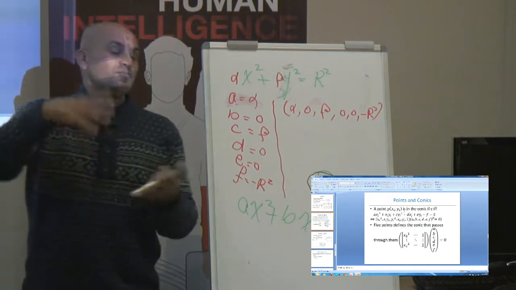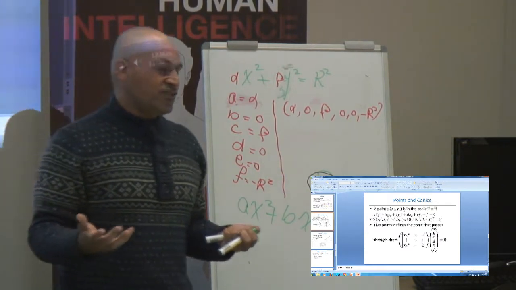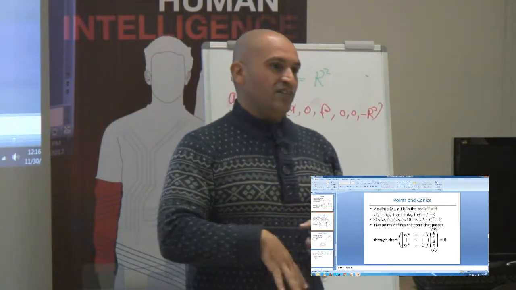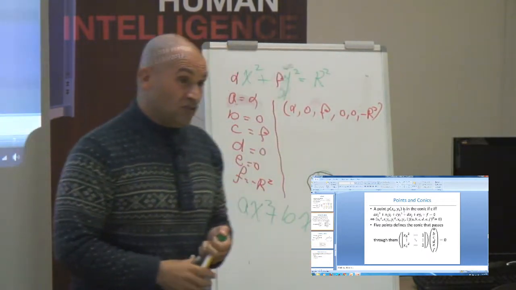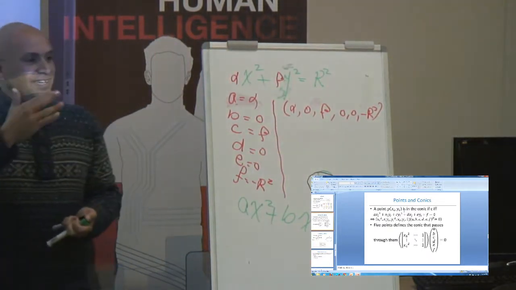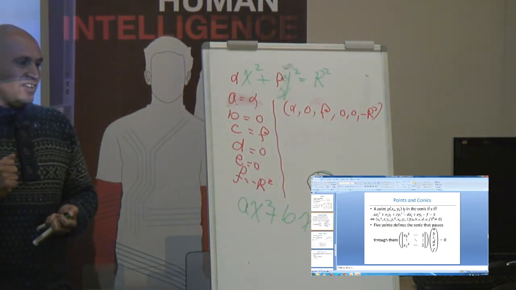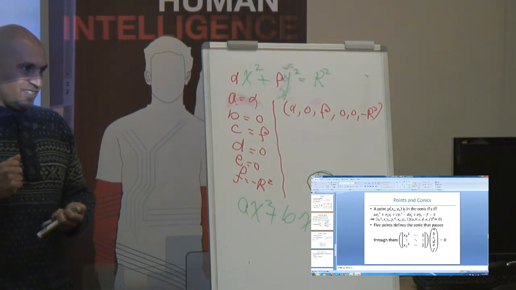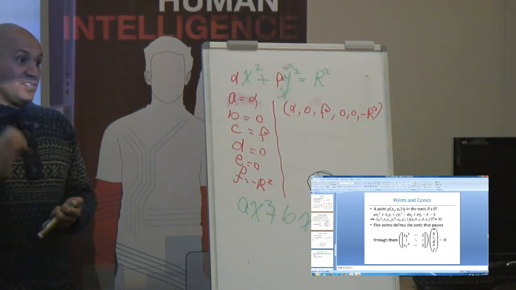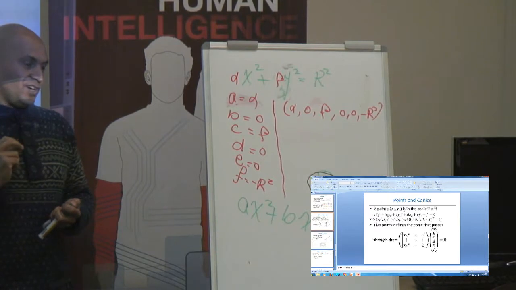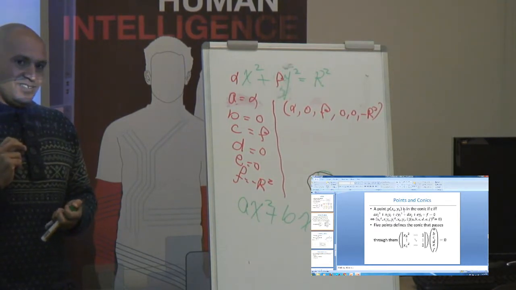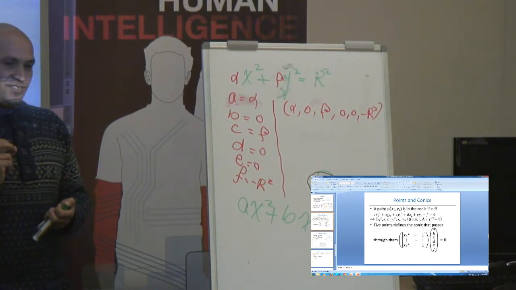The conic is a space of 6 dimensions. So we can perceive that the conic space is 6 dimensions, and any 5 intersections will determine which conic we are talking about or considering. Is that clear?